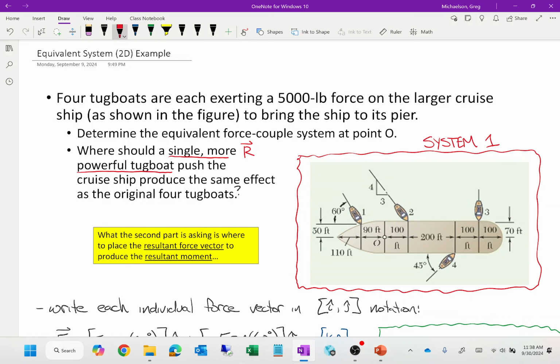And one of the key things is the term push. Notice how in the problem the tugboats are pushing with their tips, sort of pushing the boat. Okay, so I want to take a look at system 3.